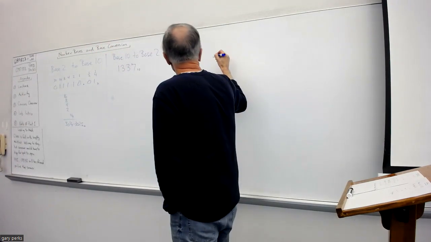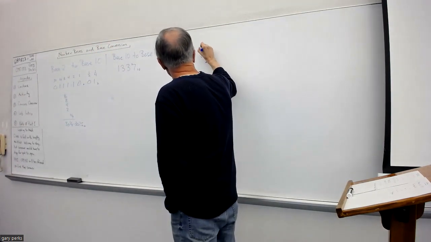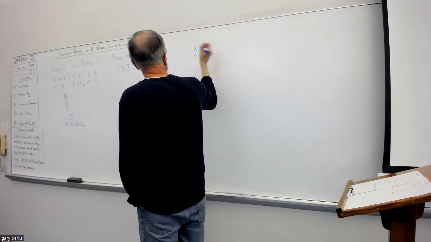So in base 2, again, we know that we have the 2 to the 0, the 1's column, and the 2 to the 1, the 2's column, and so on.